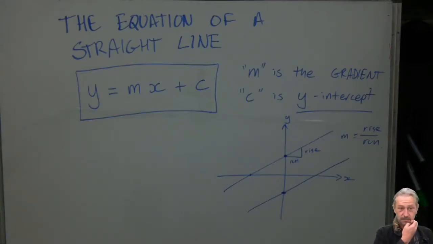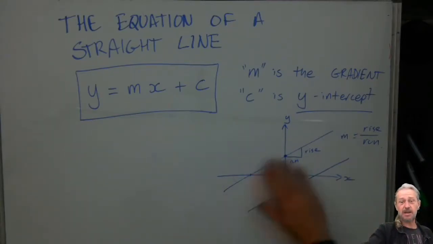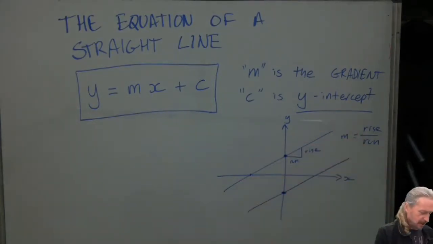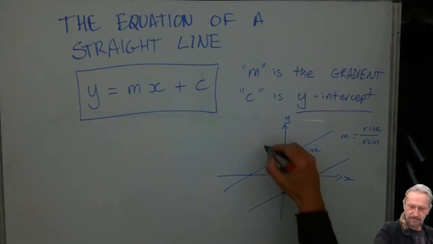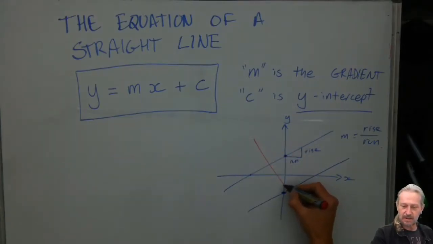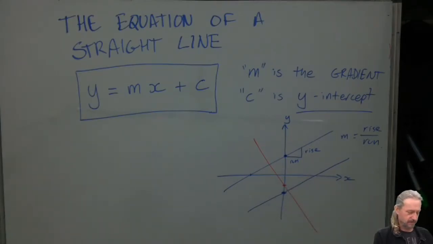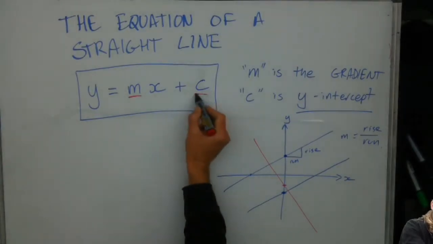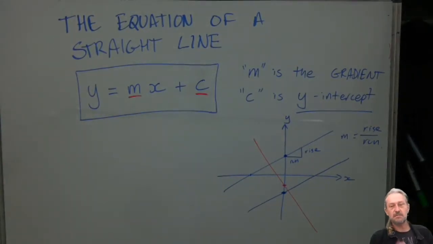And to describe any line, so these ones have a positive slope, we could have a negative slope. There's our y-intercept. So we essentially need these two numbers, m and c, and we'll get examples of these, to describe any particular line in the plane.